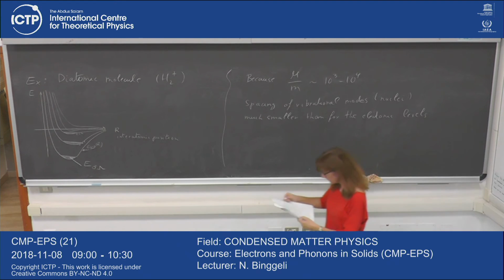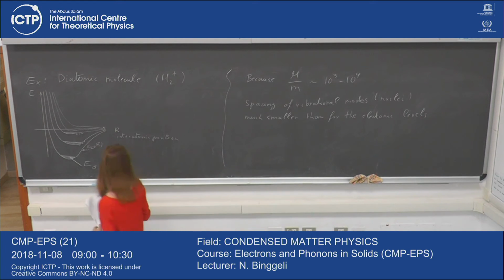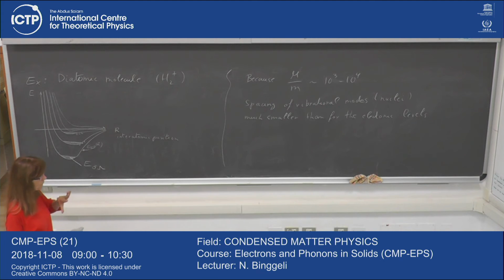And the reason comes from the mass, and something you have already seen in quantum mechanics, that is just the harmonic oscillator. If you consider this curve close to the equilibrium, it's like a parabola. It goes quadratically.